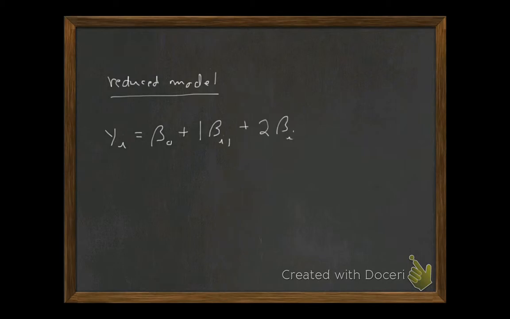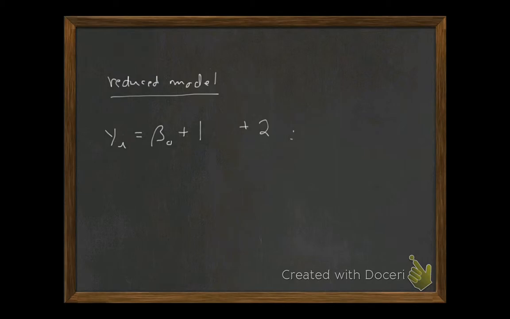Now, the reduced model in this situation would be y_i equals beta 0 plus 1 times x_i1 plus 2 times x_i2. Oh, come on.